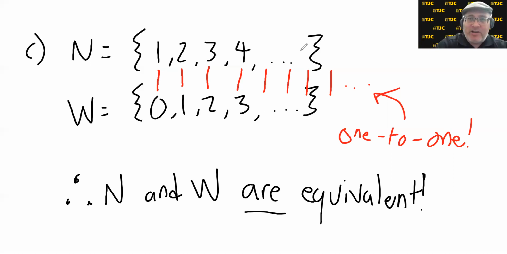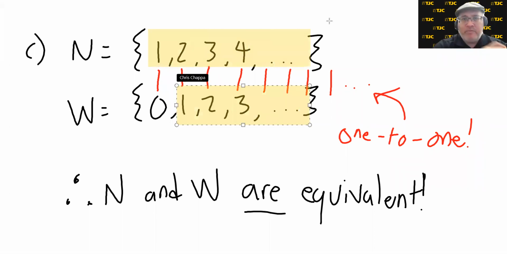In other words, every number that's in the natural numbers is also in the whole numbers. So your brain is probably trying to say, but W has more numbers than N because it's got all the numbers from N and a 0. So how could they possibly be equivalent? How can one set be inside of another and still be equivalent?